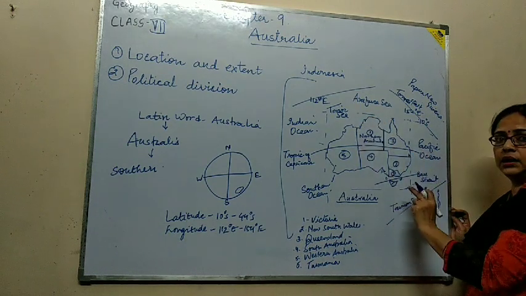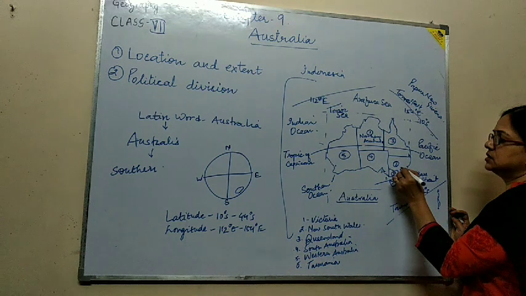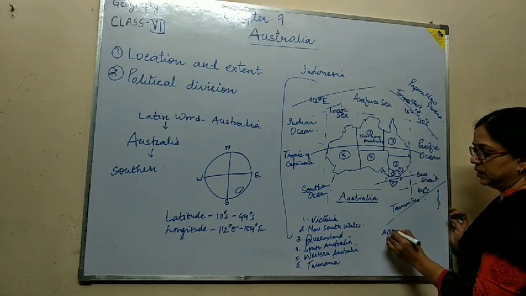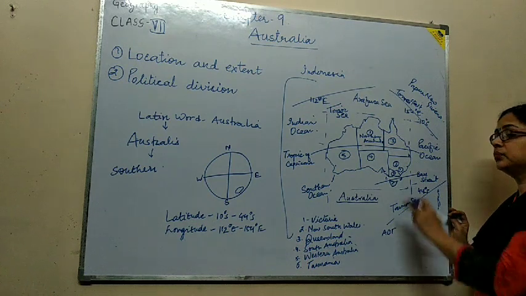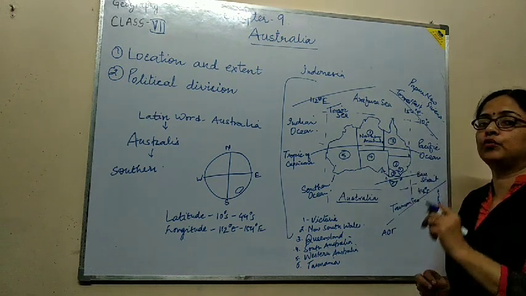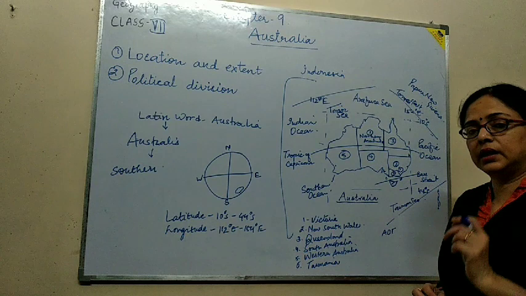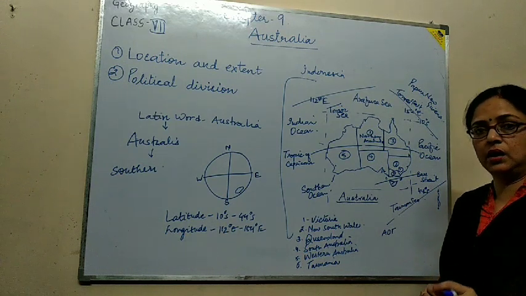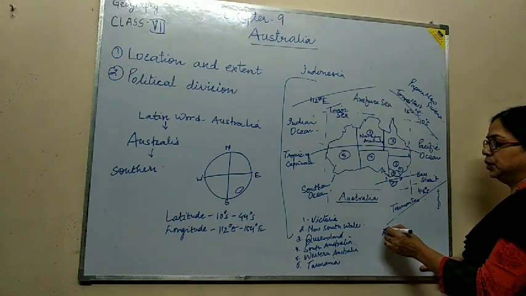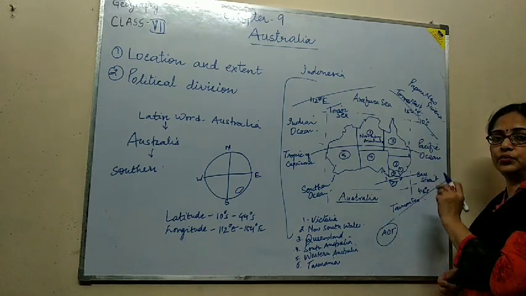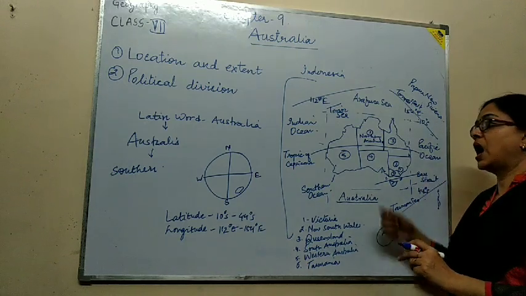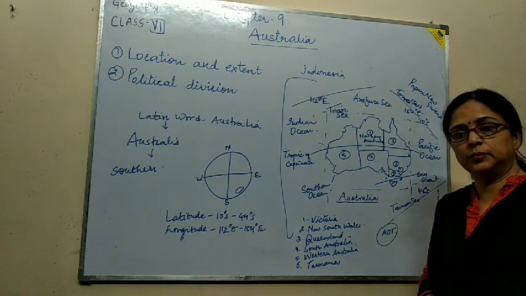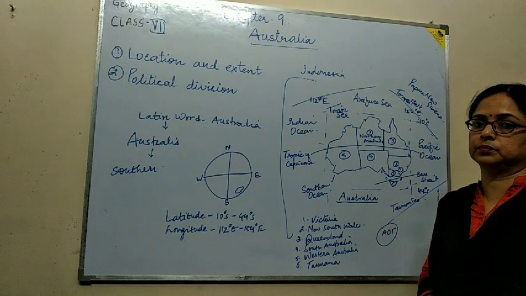And the other union territory is the ACT, Australian Capital Territory, which has the capital of Australia, Canberra. The capital of Australia is Canberra, which is the other union territory of the continent. And these union territories are governed by the central government.